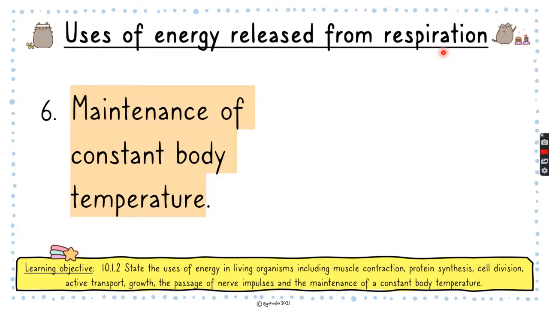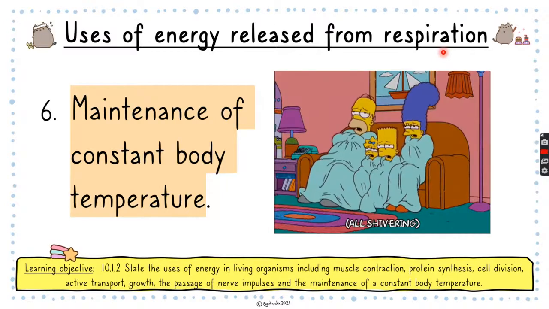Okay, lastly is maintenance of constant body temperature. If you realize, when it's very, very cold, automatically you all would shiver. Your body moves on its own. And when your body is moving, so when the muscle is contracting, that releases heat, and that heat would try to travel up your body to make sure that your body temperature is not going to drop below normal.